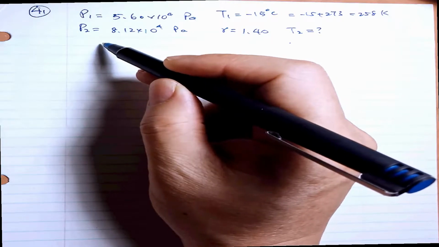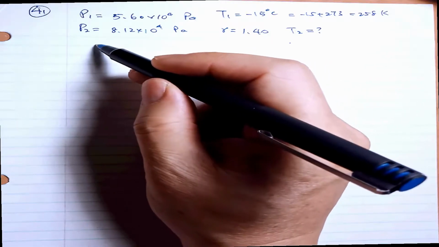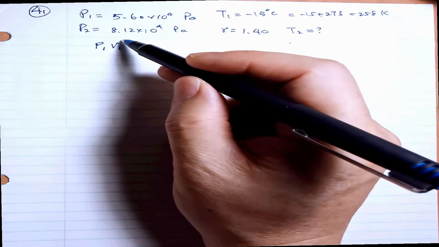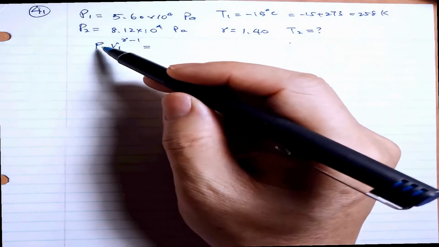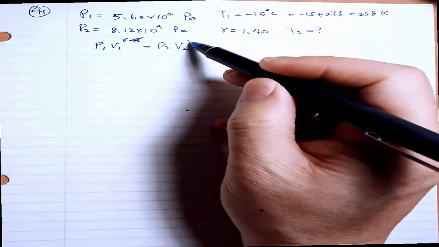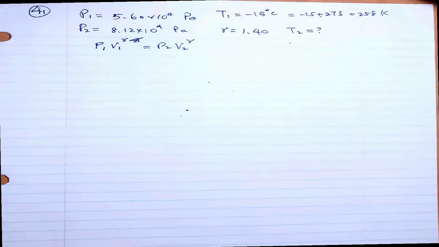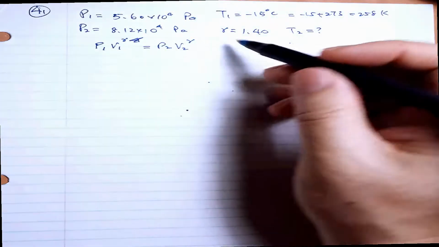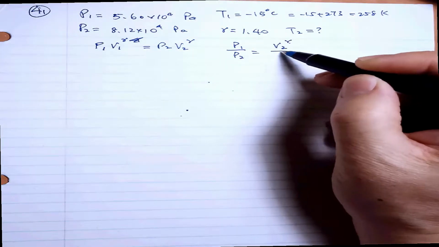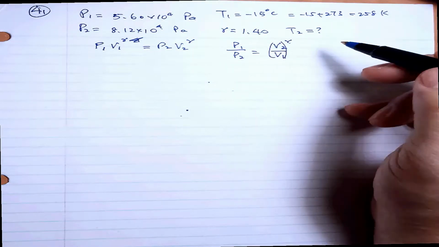First, we figure out the ratio of V1 over V2, because there is an adiabatic process: P1 V1 to the gamma equals P2 V2 to the gamma, like so. And then what you need to do is to figure out what the ratio is between P1 and P2. P1 over P2 is therefore equal to V2 to the gamma divided by V1 to the gamma, or you can factor out like this.